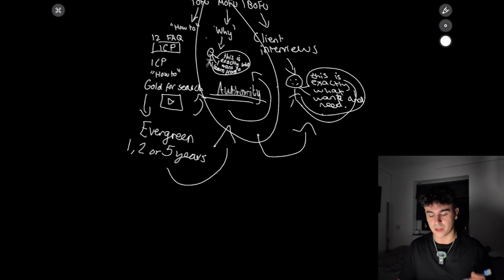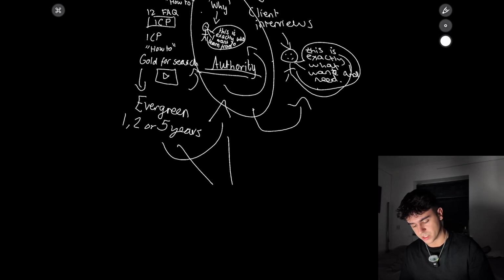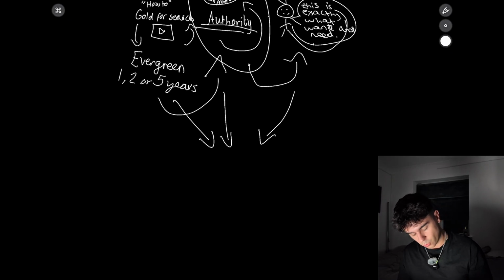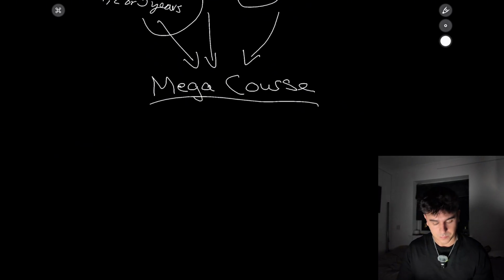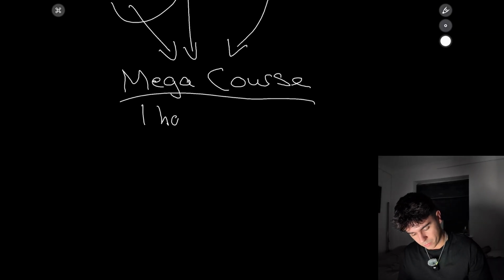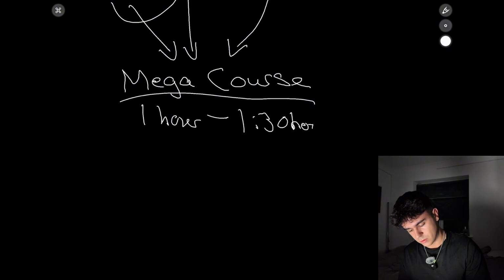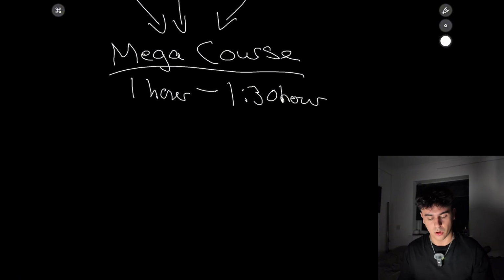Now, a key thing to this structure, which no one speaks about and no one does. We do this first for all of our clients, and it's the most important thing because it's what turns viewers into buyers, and it's a mega course. This is a 1 hour to 1 hour and a half give it all away video. Don't hold back.